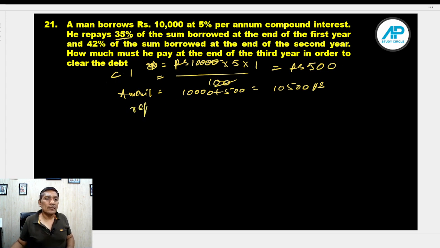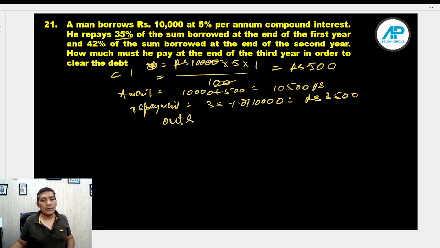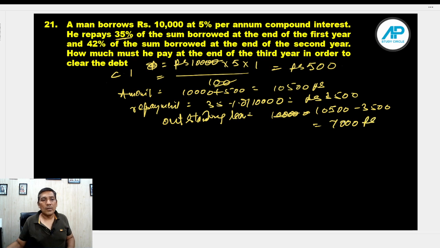So the value of repayment, 35% of 10,000, gives you 3,500 rupees. So the outstanding loan now is 10500 minus 3,500. That gives you 7,000 rupees.